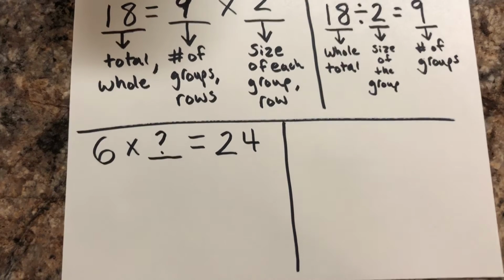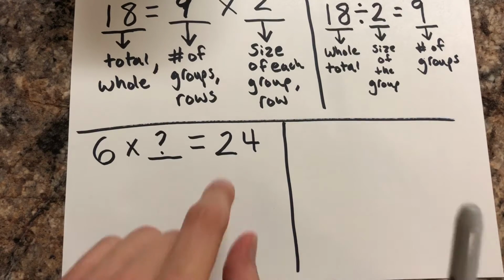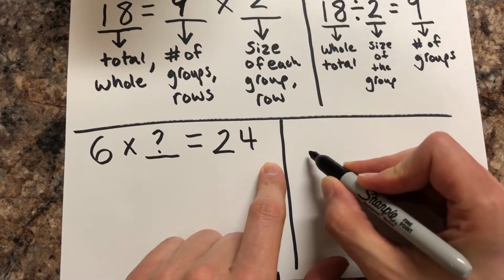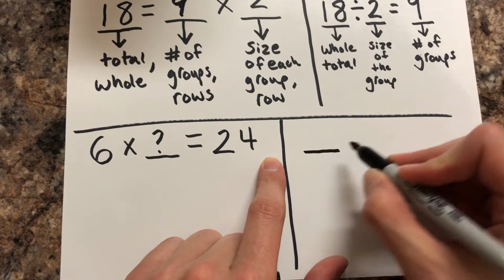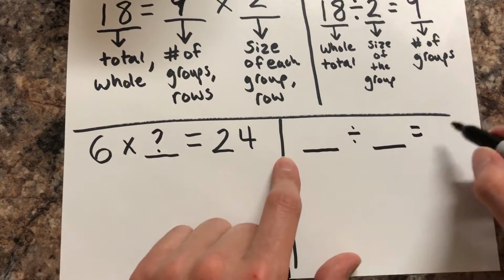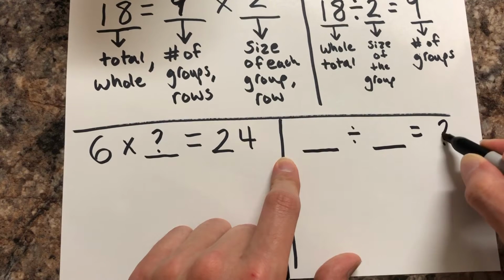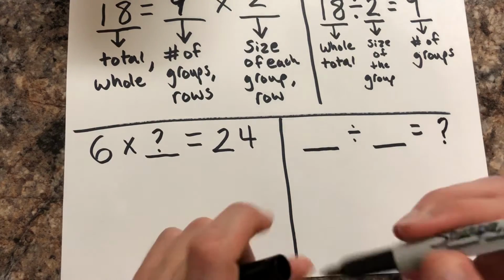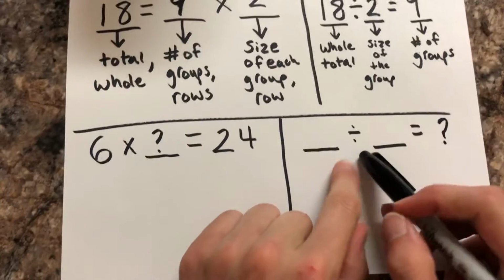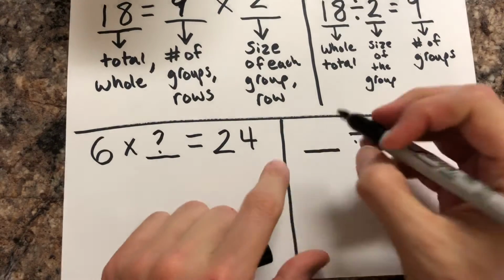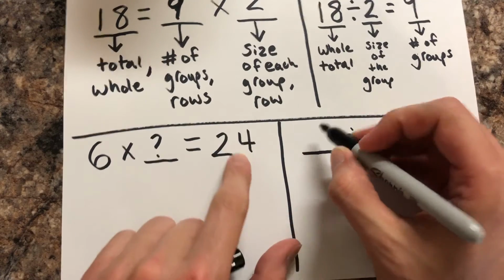So here's what my division sentence is going to look like so far: something divided by something equals this question mark, what I'm trying to solve. Now, when I do division, I'm going to start with my total, my whole thing, which in this case is 24.